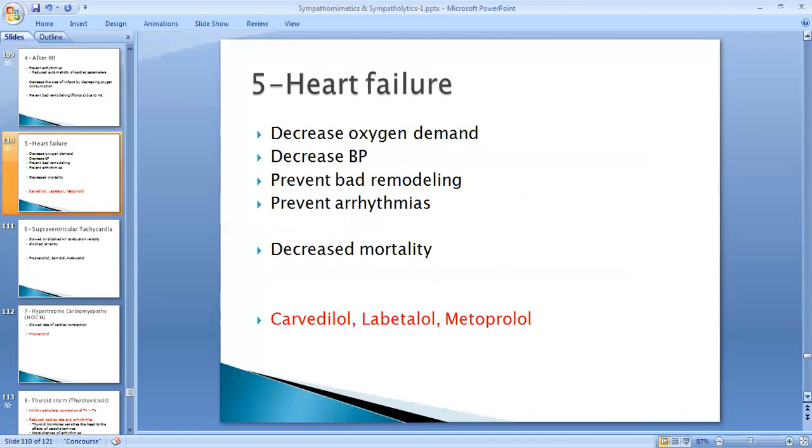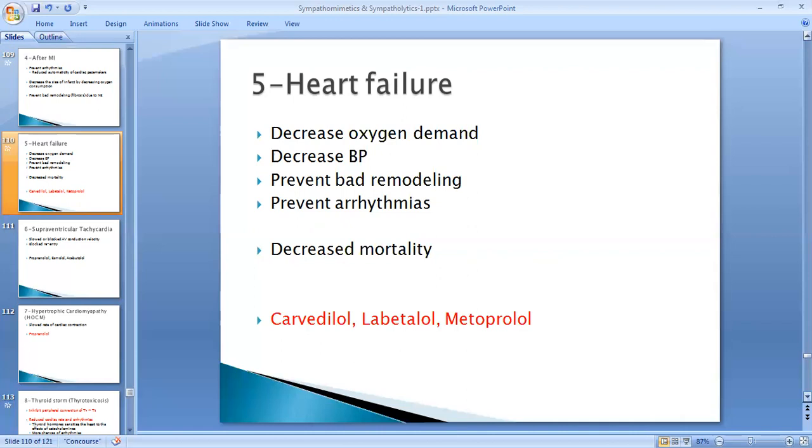Heart failure. Beta blockers decrease oxygen demand and decrease blood pressure, prevent remodeling, and prevent arrhythmias. It decreases mortality. Most of the beta blockers are contraindicated in heart failure because in a patient with borderline heart, it increases the chances of full-fledged heart failure, because it slows the heart rate and slows the contraction.